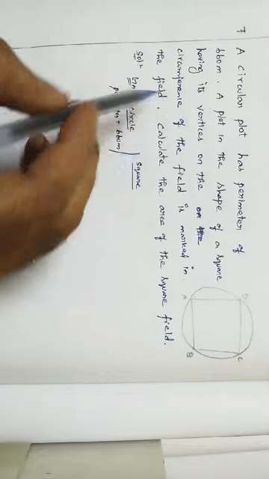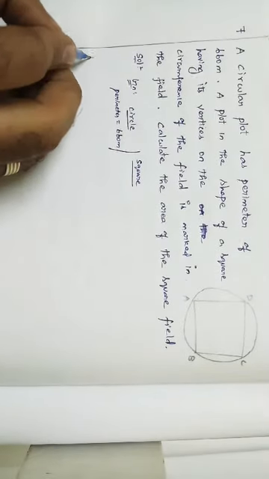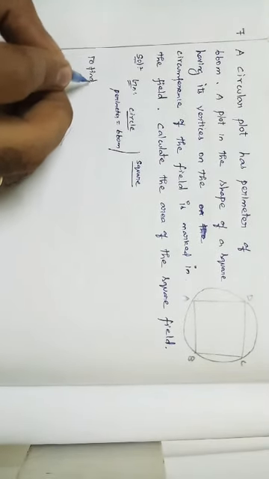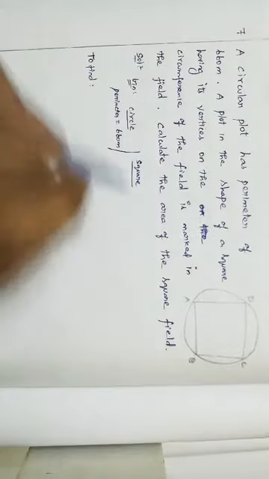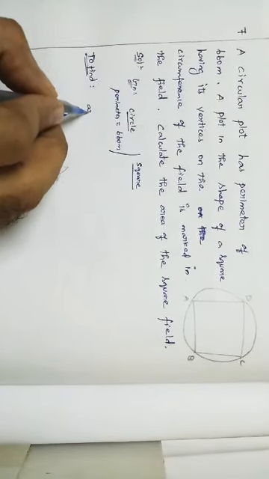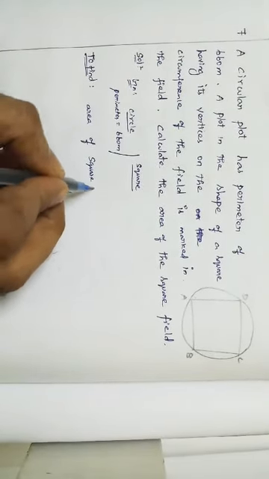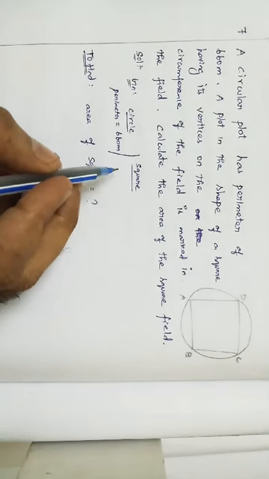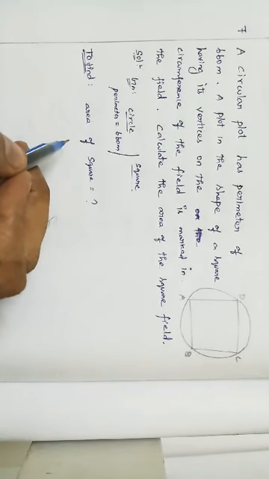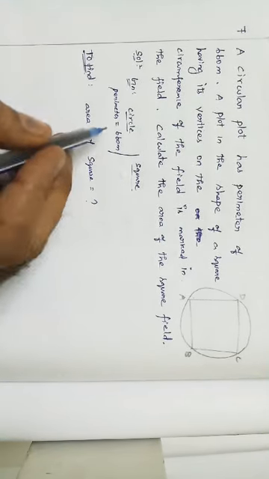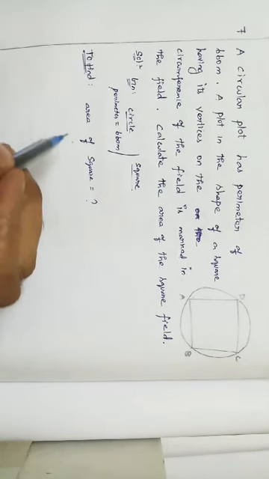What we actually want to find is the area of the square field. To find the area of the square, if we know the side of a square, then easily we can find the area, right?